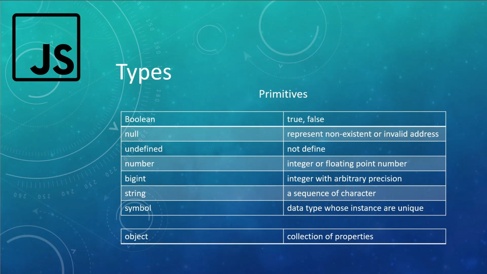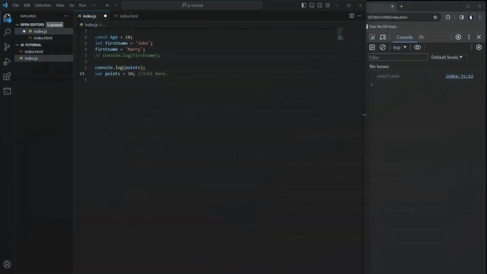Now let's get back to the text editor and see how we're going to declare those types. It's quite straightforward actually. If I want to declare a Boolean value, you can say isTrue is equal to false, or isFalse is equal to true, like this. So these are Boolean values.